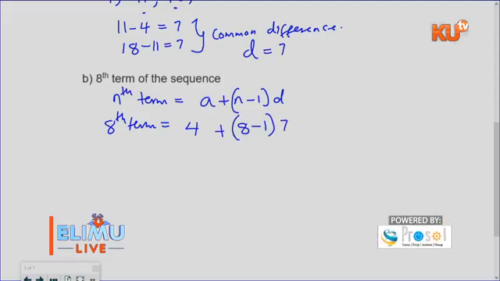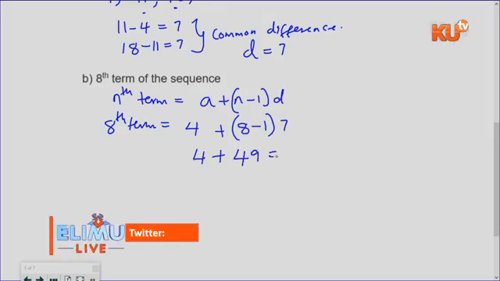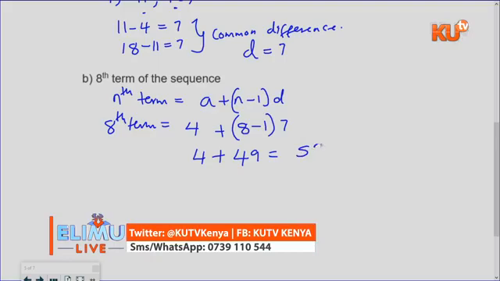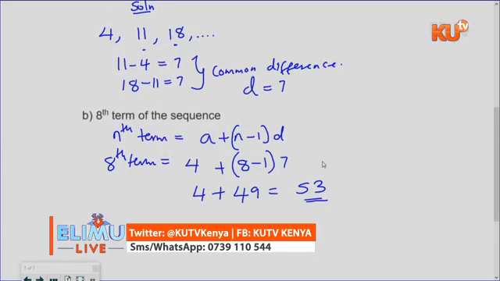Substitute this in your calculators. You should have 4 plus 8 minus 1 is 7. 7 times 7 is 49. And when you add 49 plus 4, you get 53. And so the 8th term of this sequence is 53.